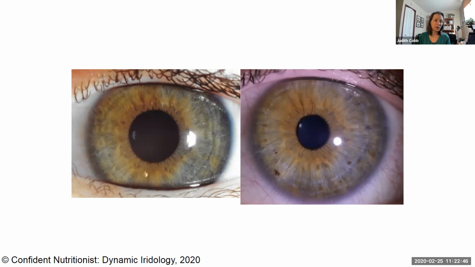So what do these color changes mean? Again, the color of the pigment teaches us about which organ is likely inherently programmed to be struggling. And the location of the pigment tells us which organ is going to bear the brunt of that stress, right? It's like if mama's in a bad mood, everybody ends up in a bad mood, right?